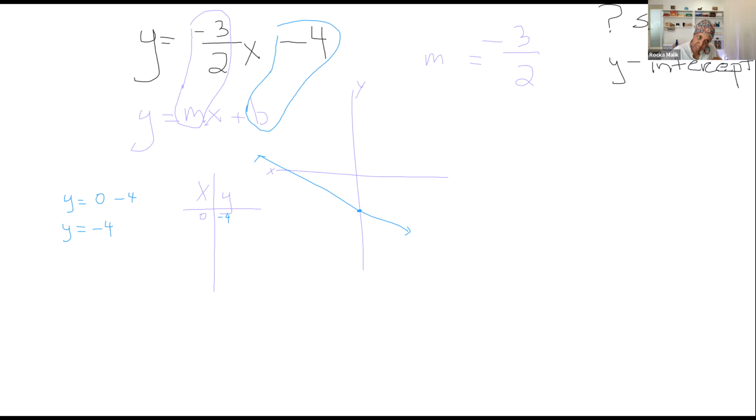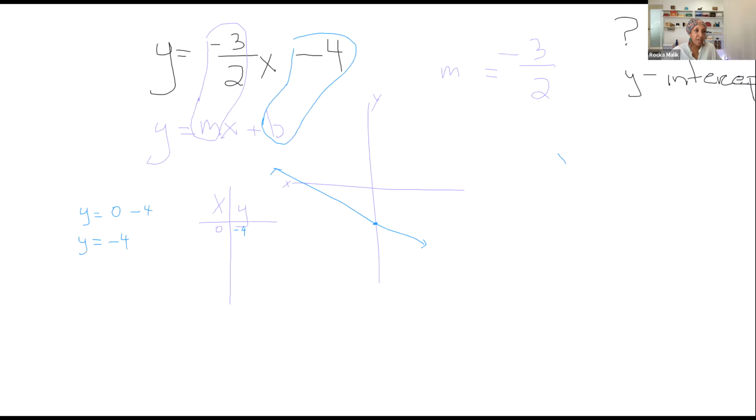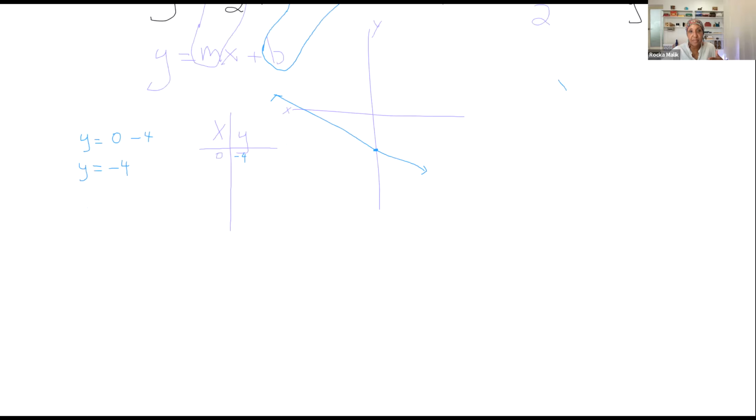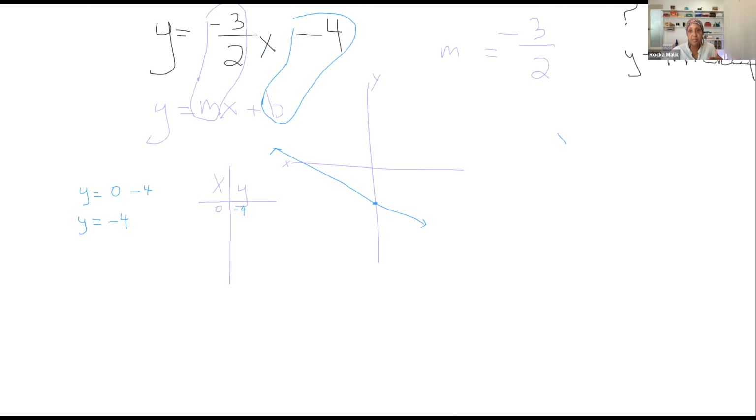And let's figure out, since we're here, what the x-intercept would be, which is where this line hits the x-axis. And that happens when y equals 0. So for your x-intercept, you make y 0, and for your y-intercept, you make x equals 0.